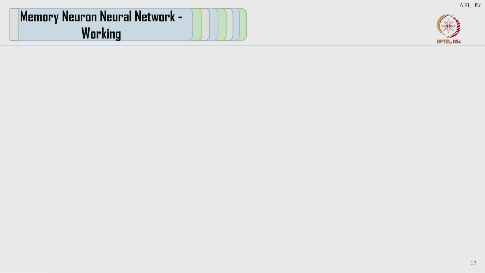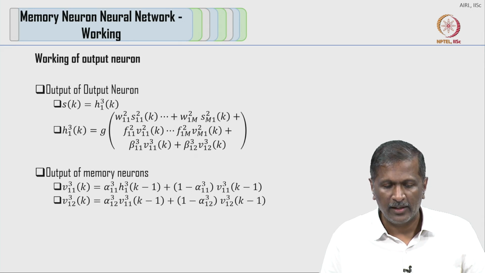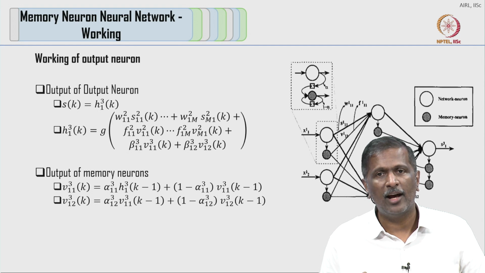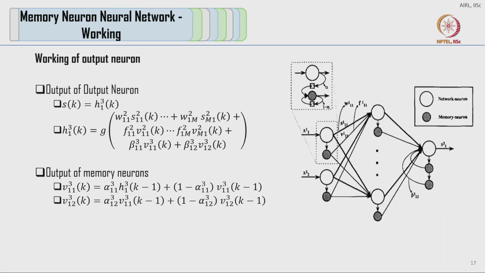Now, we saw how we are computing the hidden layer. Now, let us look at how to compute the output layer. We have taken only one output neuron, let us say H13, which corresponds to the third layer, only one neuron. We could have simply said H of k, but I just continue the notation. Suppose in future you are trying to do more layers, you need to do it appropriately.